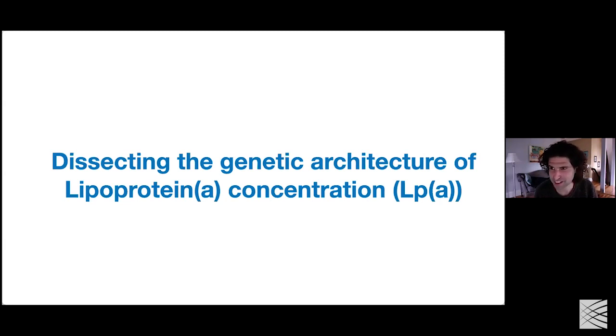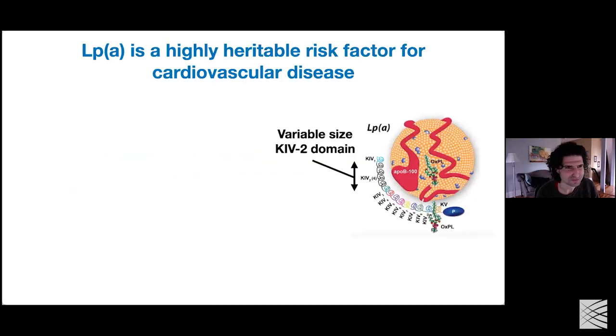Now I'm going to spend the rest of the time talking about what I think is a really cool application of these estimates, which is a long story dissecting the genetic architecture of lipoprotein A concentration, which sometimes is confusingly called LPA, which is hard to disambiguate from the gene LPA. I will try to specify, but if it's confusing, please let me know.